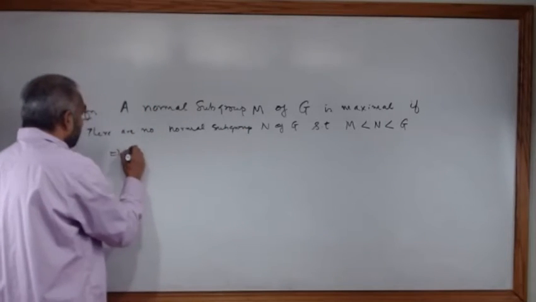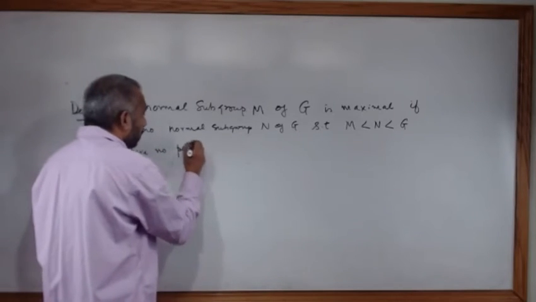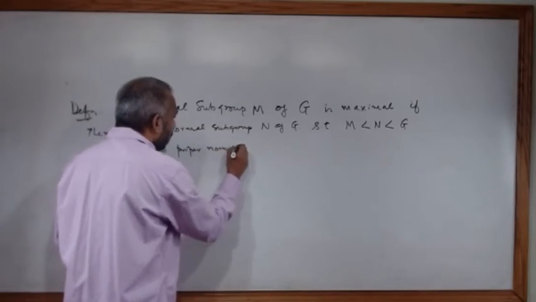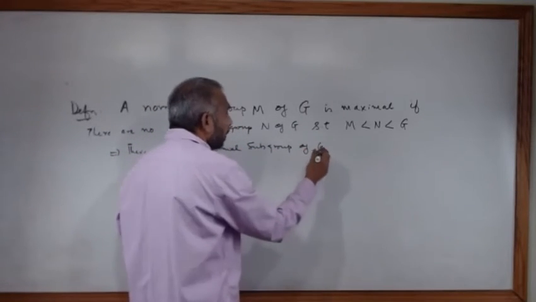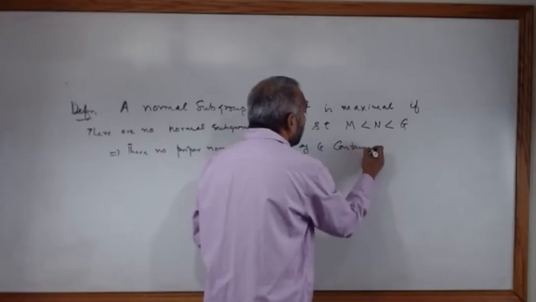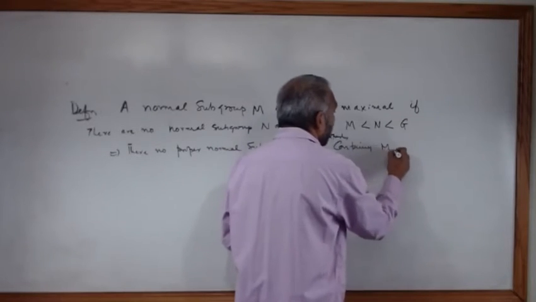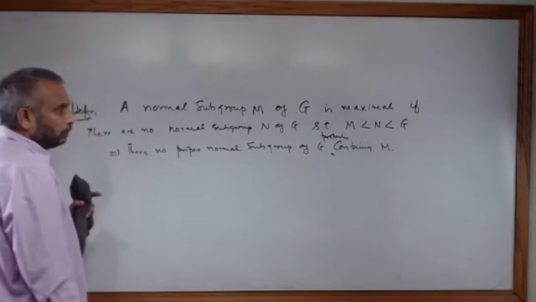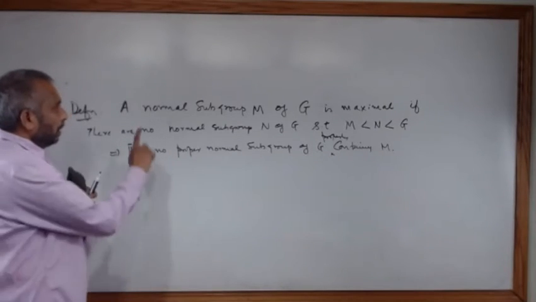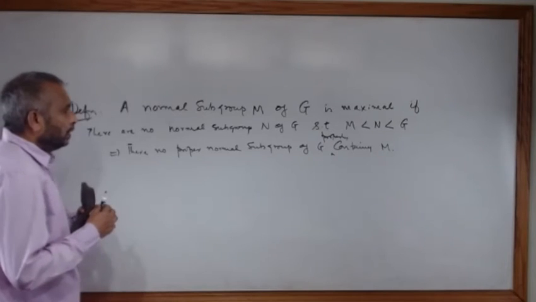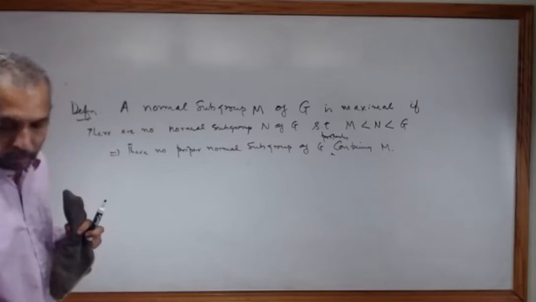That implies there are no proper normal subgroup of G properly containing M. We have a very beautiful necessary and sufficient condition for a maximal subgroup.